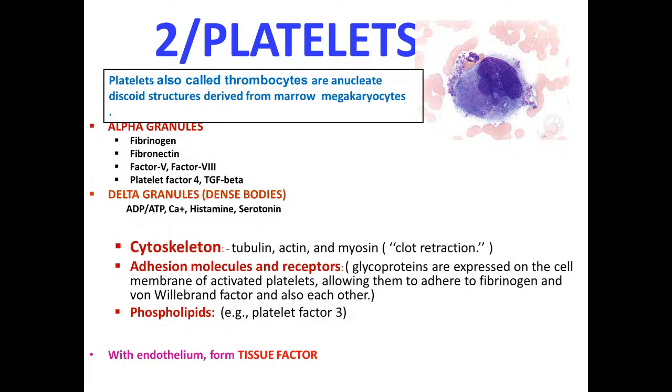Delta granules, dense bodies, contain mediators of inflammation: histamine, serotonin, calcium, and ADP, ATP. Cytoskeleton: this is a composite of tubulin, actin, and myosin filaments that allow the rapid extrusion of granules from the cytoplasm.